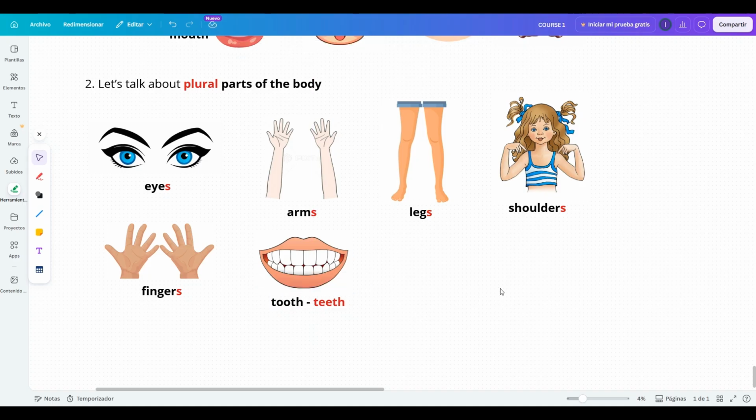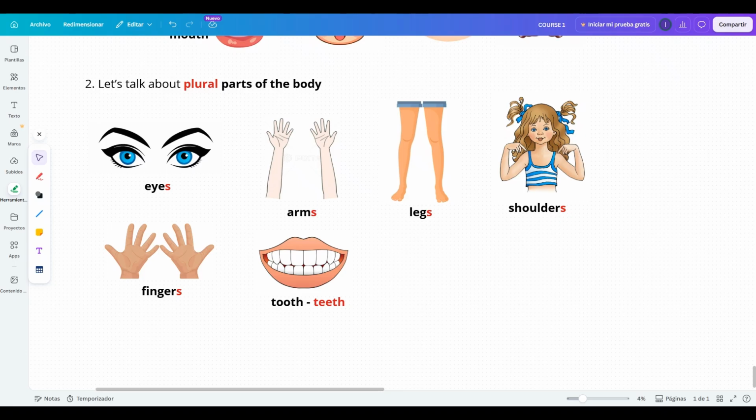Similar to other kinds of nouns like person, people, child, children, tooth becomes teeth, or foot becomes feet. Yes, foot becomes feet. You see? Let me show you, please. There it is. Foot becomes feet.